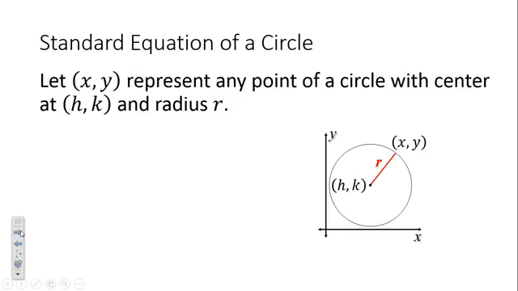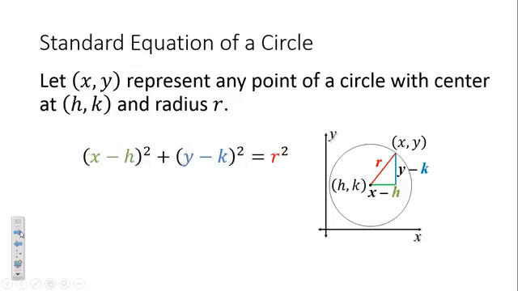When the center's not at the origin, then our equation is of the form x minus h squared plus y minus k squared equals r squared, where h and k are the x and y coordinates of the center.